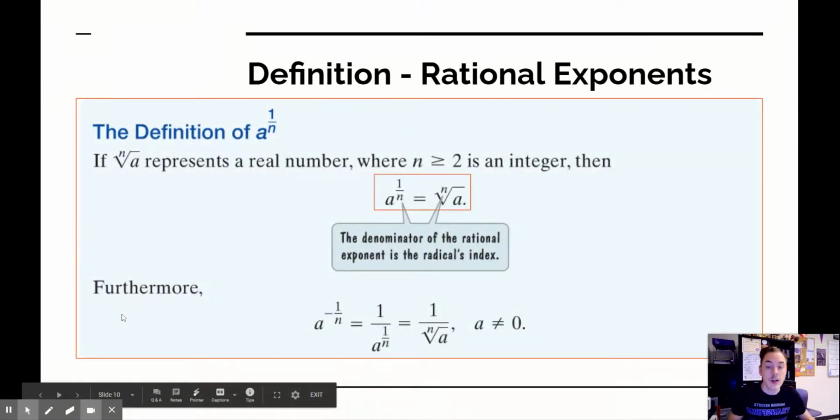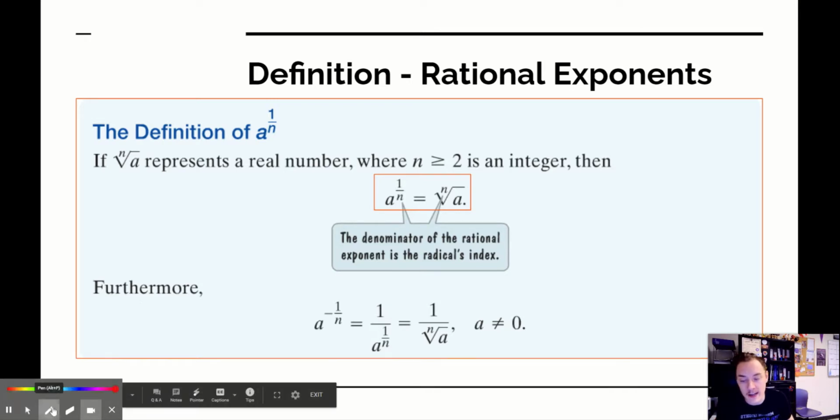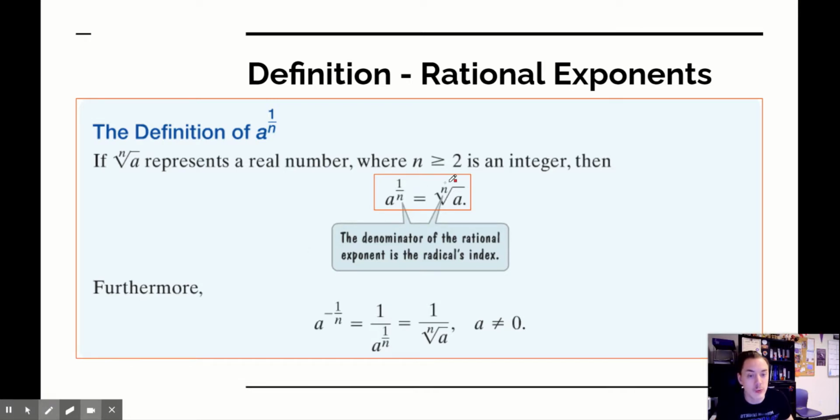What is it? So rational exponents, if n, like the index is n, so the nth root of a represents a real number where n is greater than 2, so greater than a square root, then you have this, a to the 1 over n equals the nth root of a. So what does that actually mean? It means this.